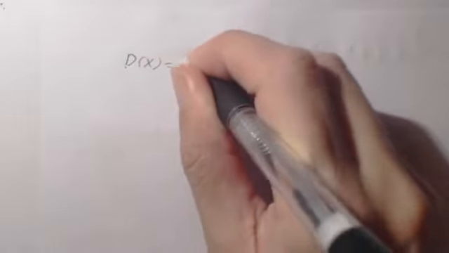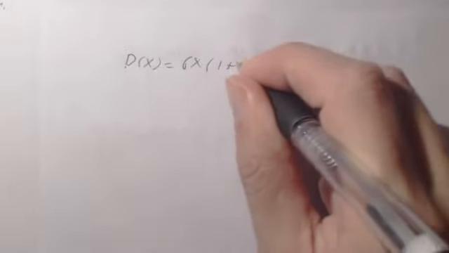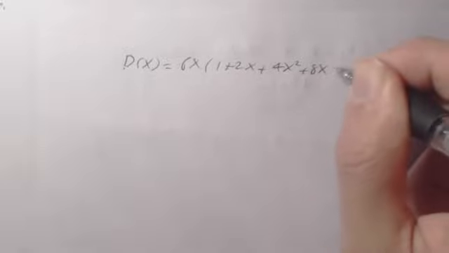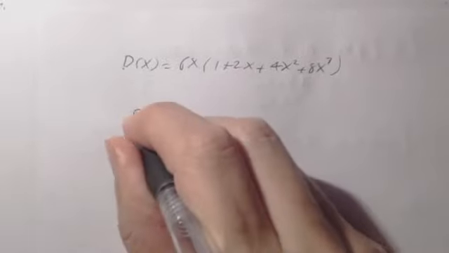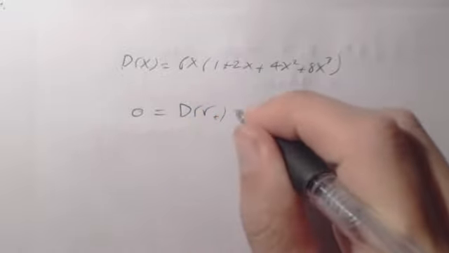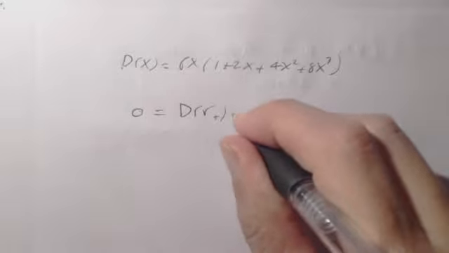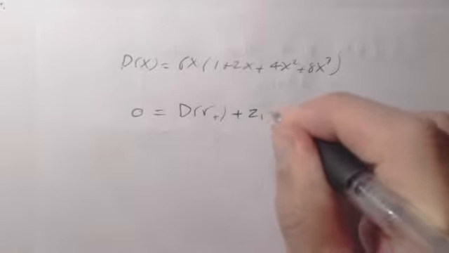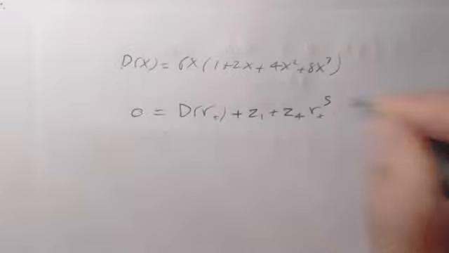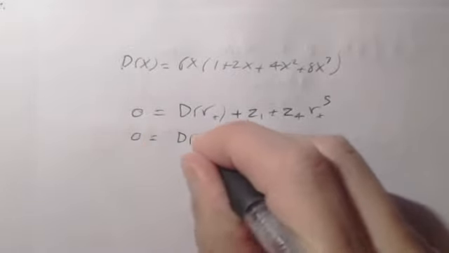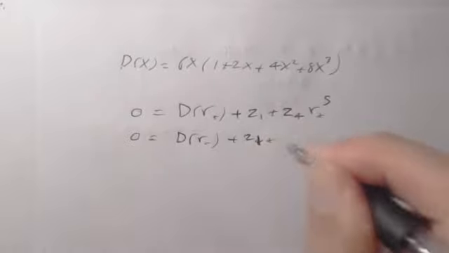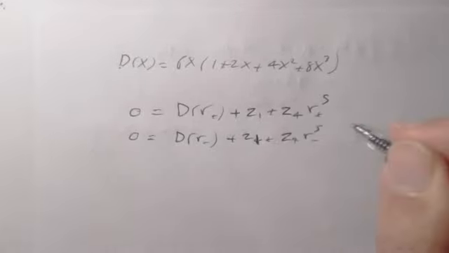So I started off with dx being 6x 1 plus 2x plus 4x squared plus 8x cubed, and the simultaneous equations, which are 0 is equal to dr plus z1 plus z4 r plus to the 5, and dr minus plus z1 plus z4 r minus to the 5.